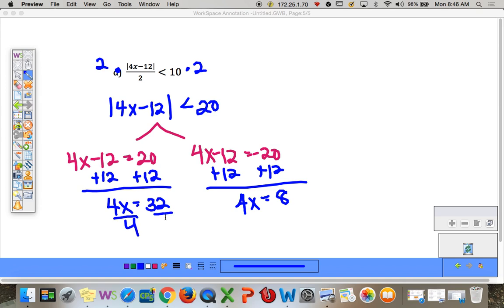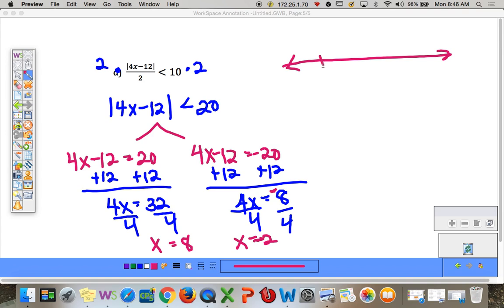And we'll divide by 4. So we get two answers, x equals 8 and x equals negative 2. Okay, so here x is between 8 and negative 2.